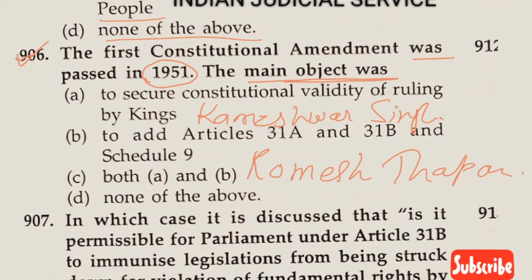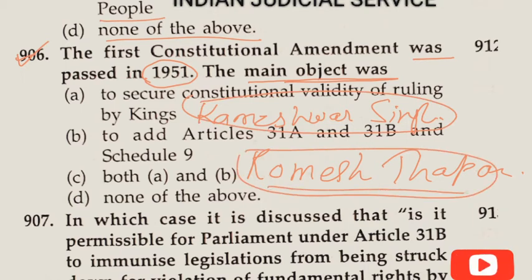So Parliament removed the difficulties created by the court in the cases of Kameswar Singh and Romesh Thapar by the first amendment of the Constitution. Another important thing: the issues involved in the cases included freedom of speech, acquisition of land, zamindari land, and state monopoly, which is directly related to Article 31B and Schedule 9.